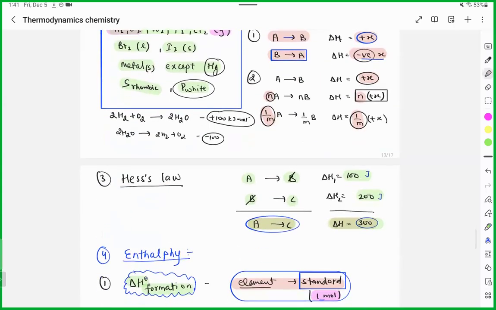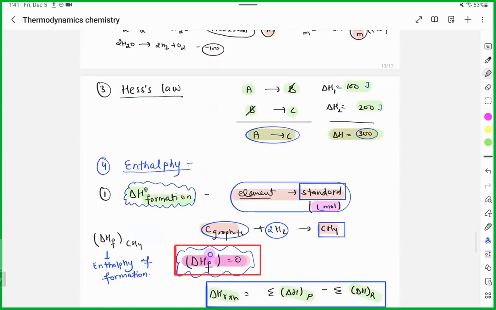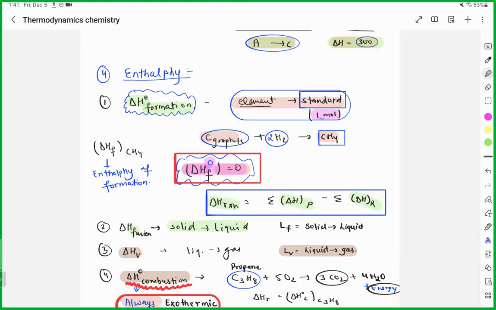Sir, what is delta H formation? Delta H formation is the enthalpy of formation.